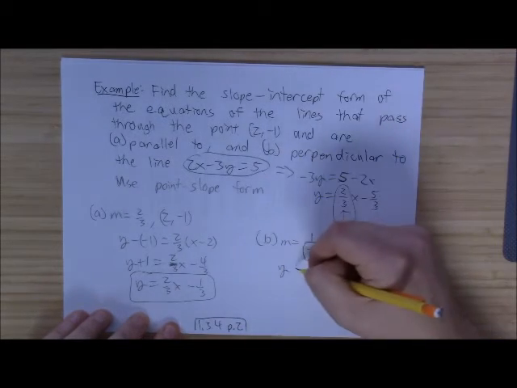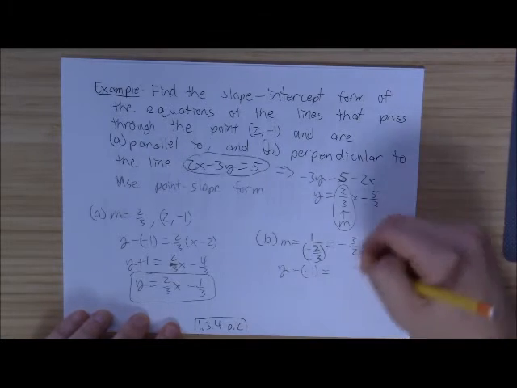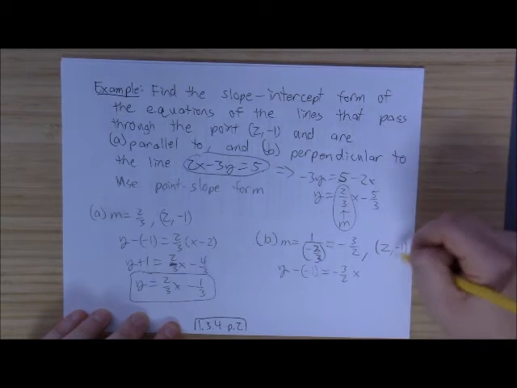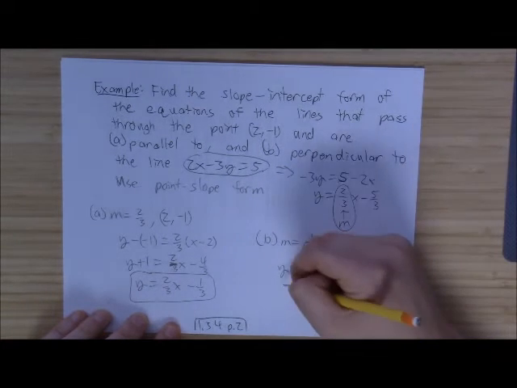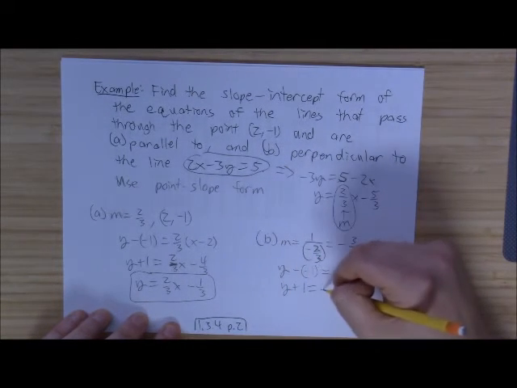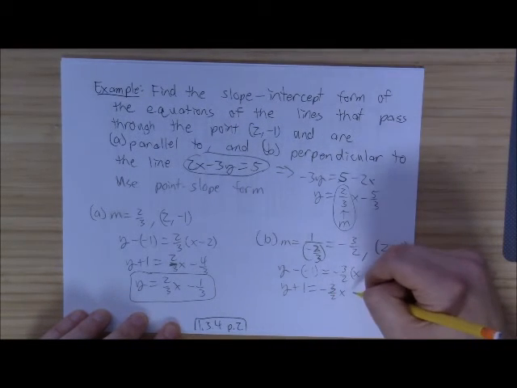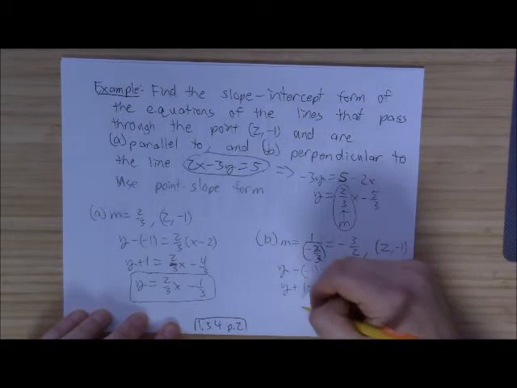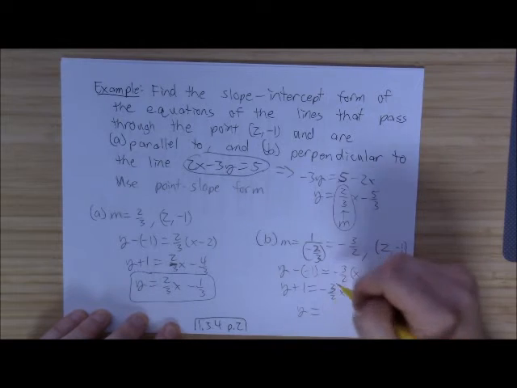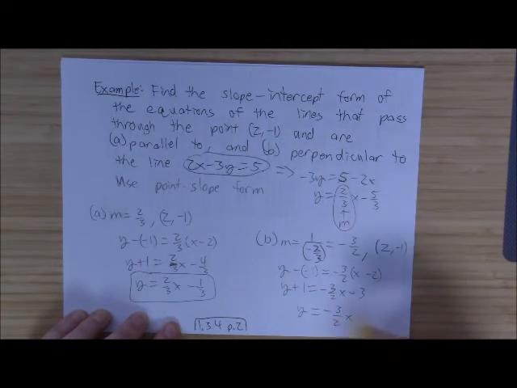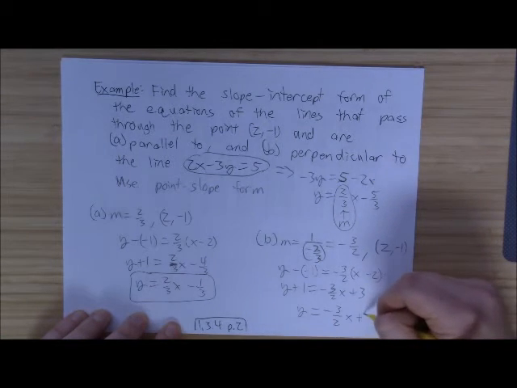So, using point-slope form, we get y minus negative 1 equals negative 3/2 times (x minus 2). y plus 1 equals negative 3/2 x, the 2 and the 2 would cancel, so plus 3 because distributing the negative. Subtract 1 from both sides. y equals negative 3/2 x plus 2.